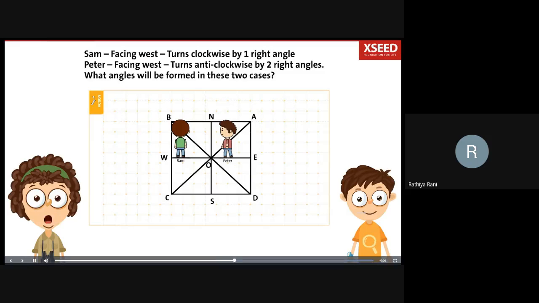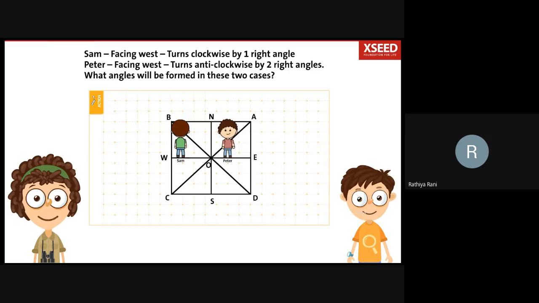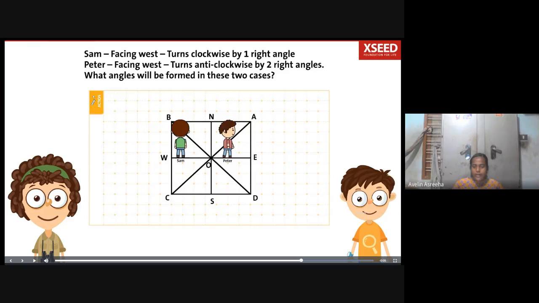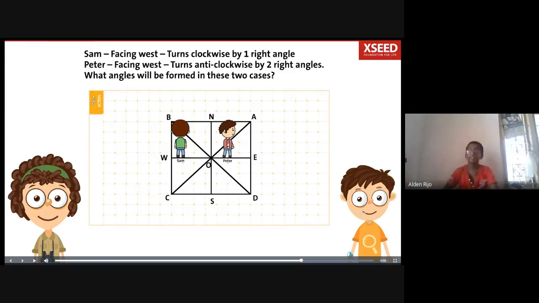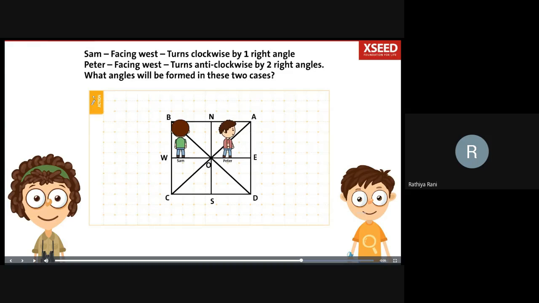And Peter turns and moves anti-clockwise by two right angles. At first Peter was facing west, but now Peter is turning anti-clockwise by two right angles. So two right angles means 180 degrees, a straight angle.